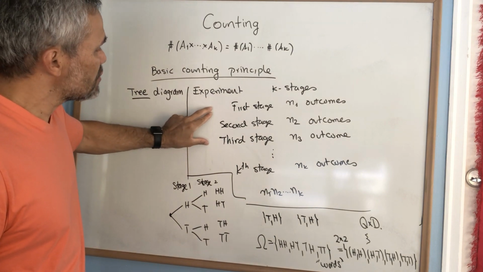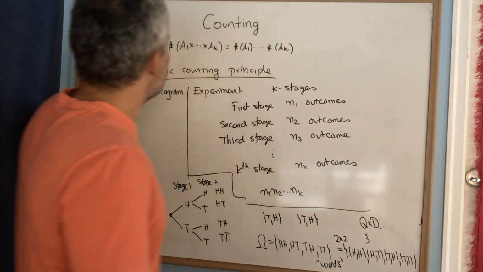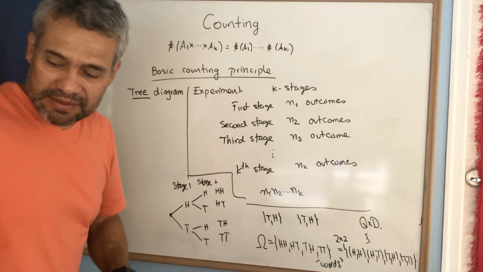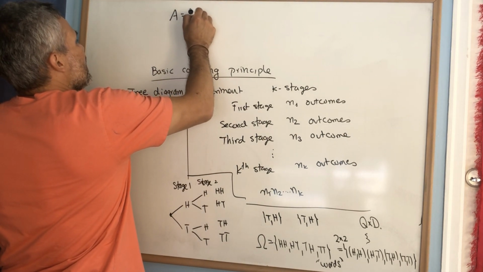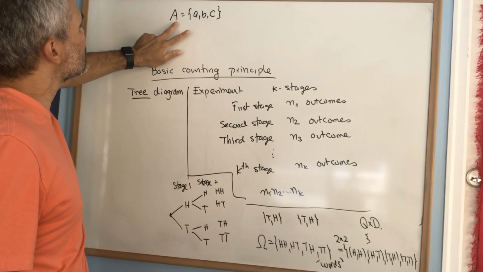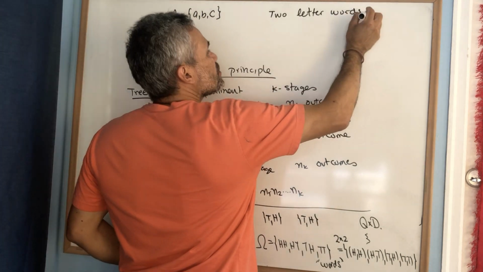Let's do an example that shows that this one is more general than just the Cartesian product of some sets. Let's suppose that we have 3 letters available, A, B, C, and we want to count all the possible words with 2 letters, but the letters must be different.